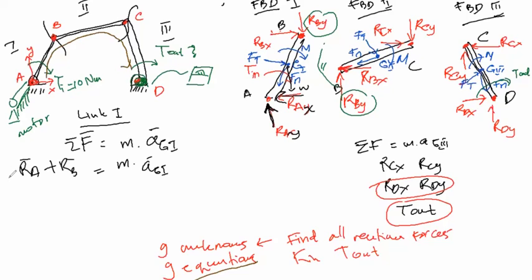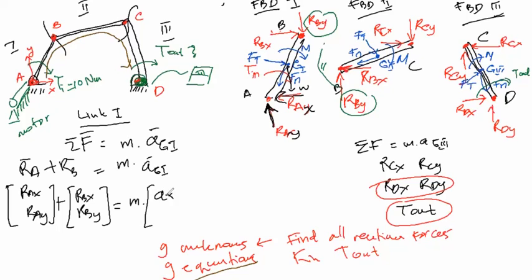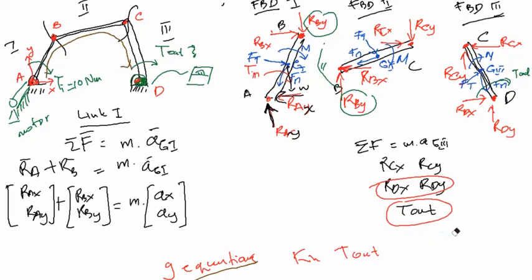If I type it as a vector, I will put it like this: RAX, RAY plus RBX and RBY equals M times a in the x direction and a in the y direction for point G. Okay, so from here we have already two equations, for x and for y.